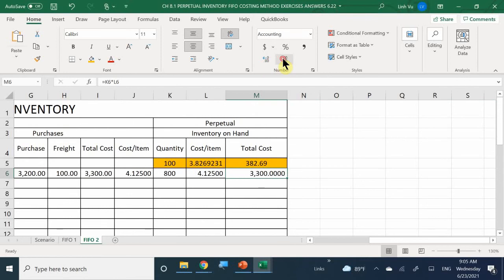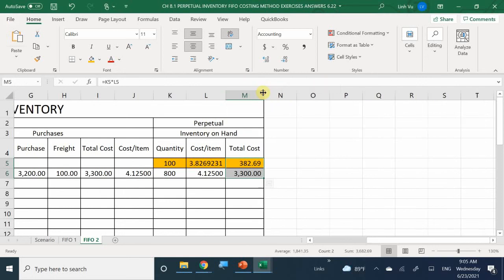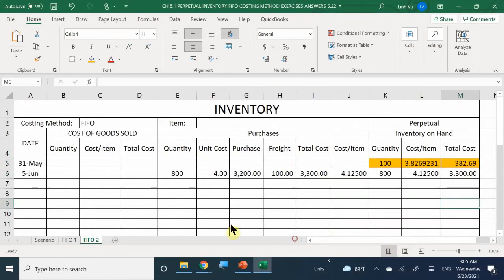Here we have a second batch of inventory, so let's go ahead and fill it in with a color.